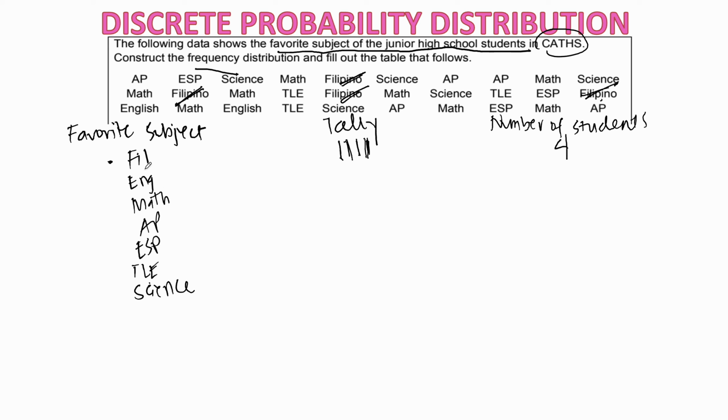So, kung mag-i-English naman tayo, no? So, 1, 2. 2 lang siya. Okay? Sa math naman, 1, 2, 3, 4, 5, 6, 7, 8. 8 ang sa math. AP, 1, 2, 3, 4, 5. 5. ESP, 1, 2, 3.